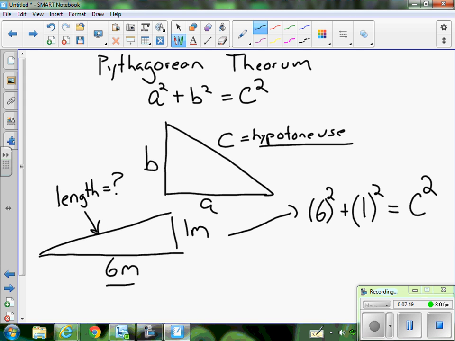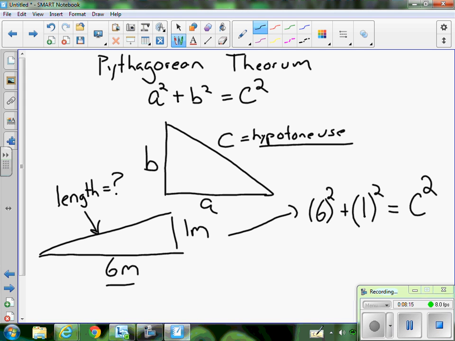So if we look at this, a squared plus b squared is equal to c squared. So when we go ahead and do this, I know that 6 squared plus 1 squared is equal to c squared. And so then I can calculate that. Now on your calculator, you will have a button.